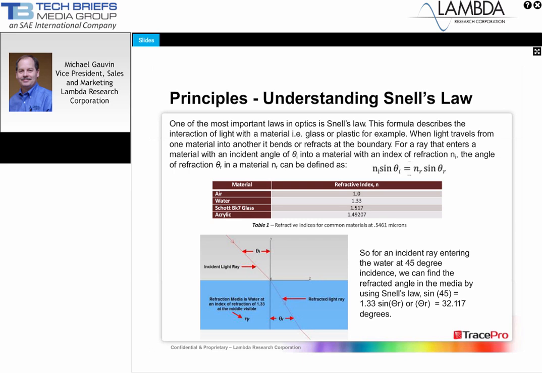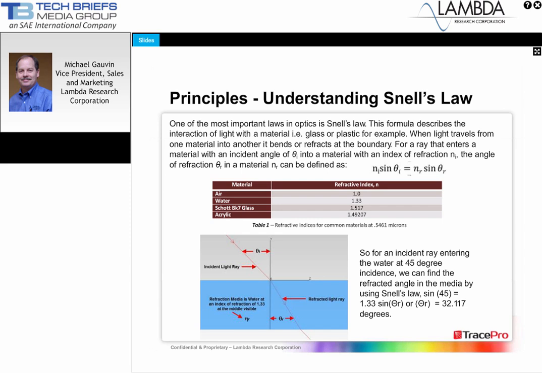And so pretty much for a ray that enters a material like water with an incident angle, it gets refracted into another angle. And that's defined using Snell's law. Let me give you an example. Let's once again take the water.